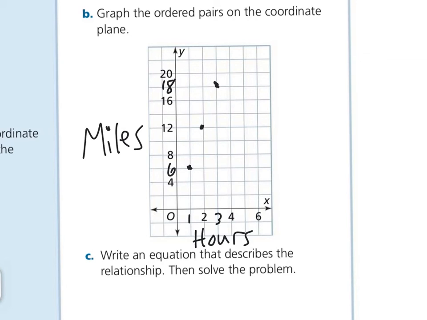And when you go to graph that, just go past your last point, and then put an arrow on the end to show that it could keep going further.